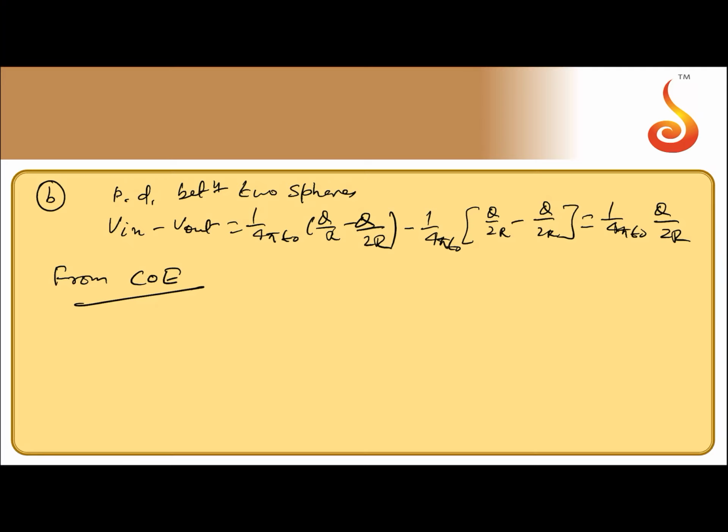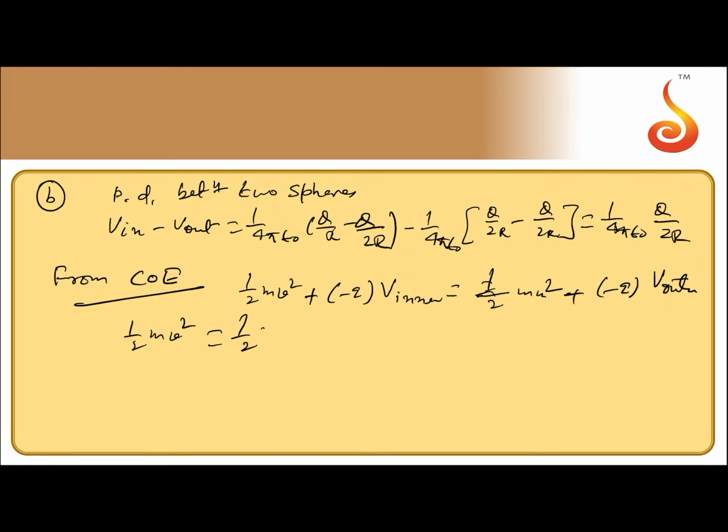From conservation of energy, we can write that half mv square is plus q (V in minus V out).